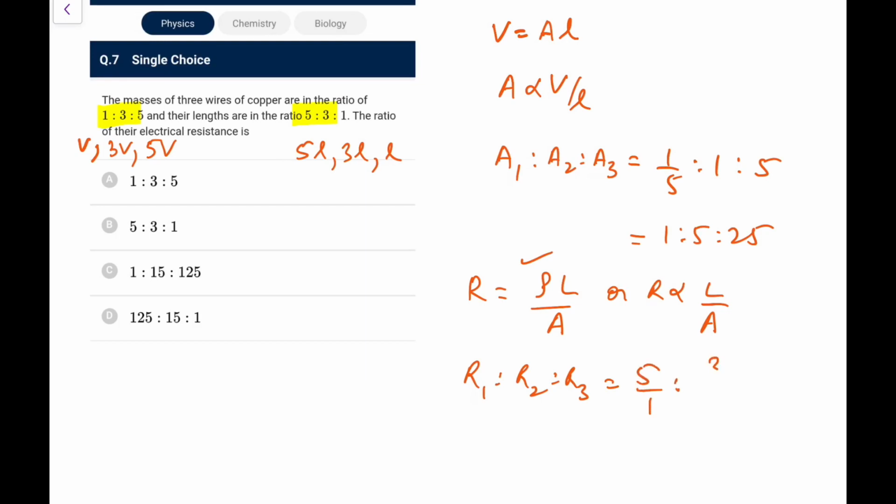For the second one it is 3 is to 5, and for the third one it is 1 is to 25. So doing this, it would be 125 is to 15 is to 1. That is what I am getting. So go for option D. Simple ratio proportion you need to do.